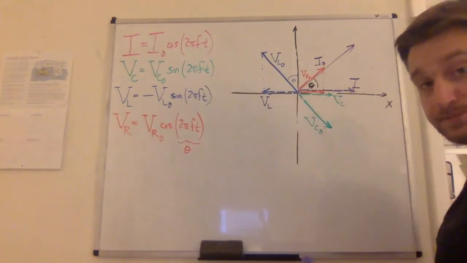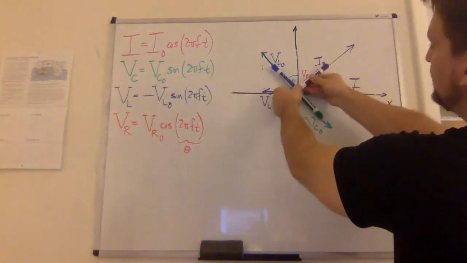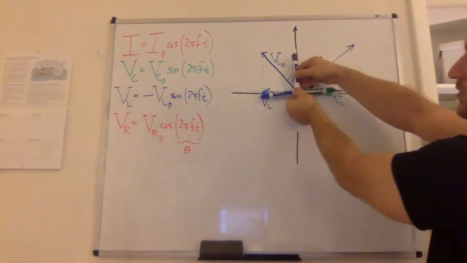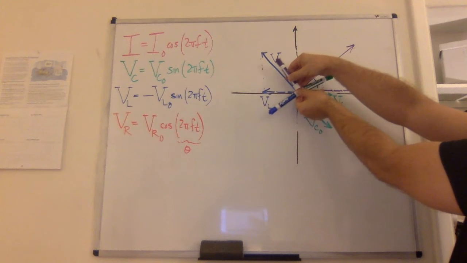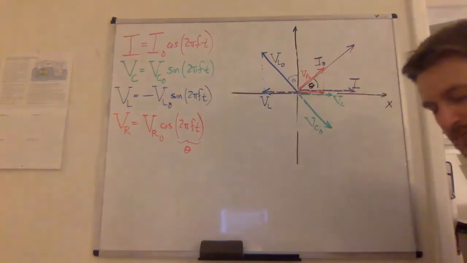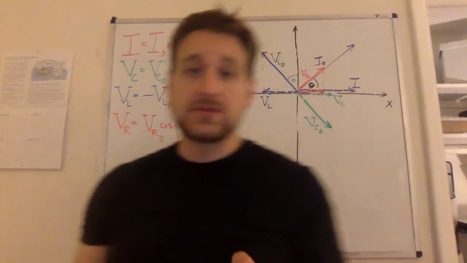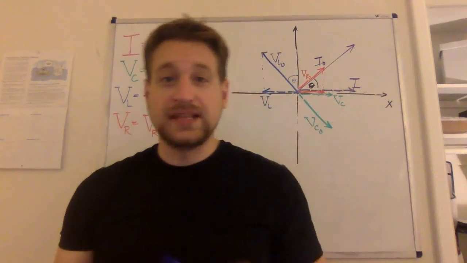As time goes on, we continue to rotate the whole assembly counterclockwise. At any time, if we want the value of the potential difference across that element, we ask for the x component of its phasor.